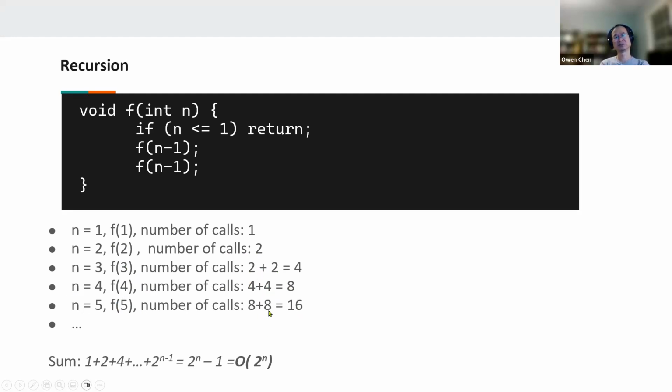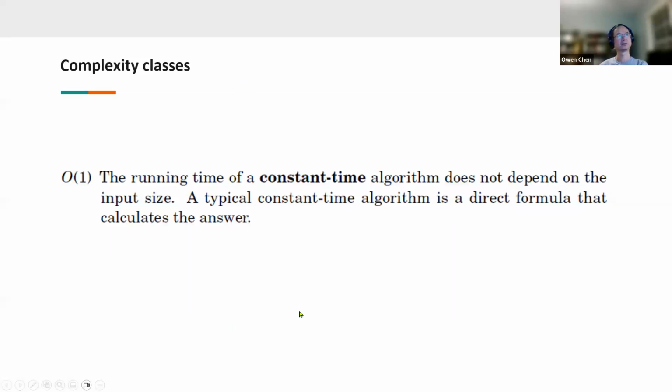It's not n squared; it is 2 to the power of n if you add this together. When n becomes bigger, this really gets out of control. So you have to be very careful with recursion: when it calls itself multiple times inside the recursive function, it becomes exponential in terms of complexity.